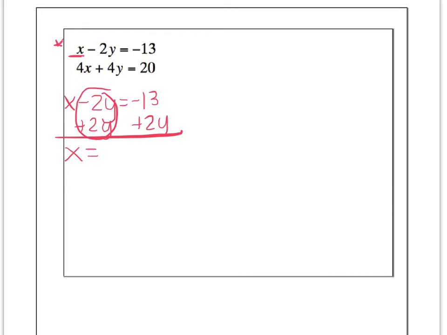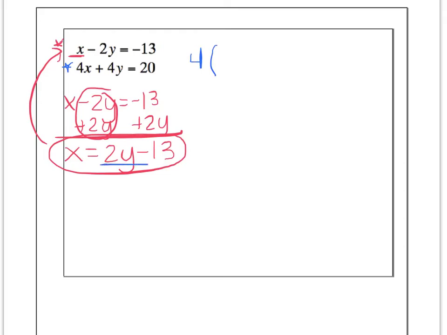And when I do that, I've got my x alone. Now if you wanted to solve for y, you could solve for y as well. It doesn't matter. But right now, I have just rewritten this problem so that x is by itself. So now in this second equation right here, I'm going to substitute in what x equals. So instead of 4 times x, I'm going to do 4 times exactly what x equals, which is 2y minus 13.